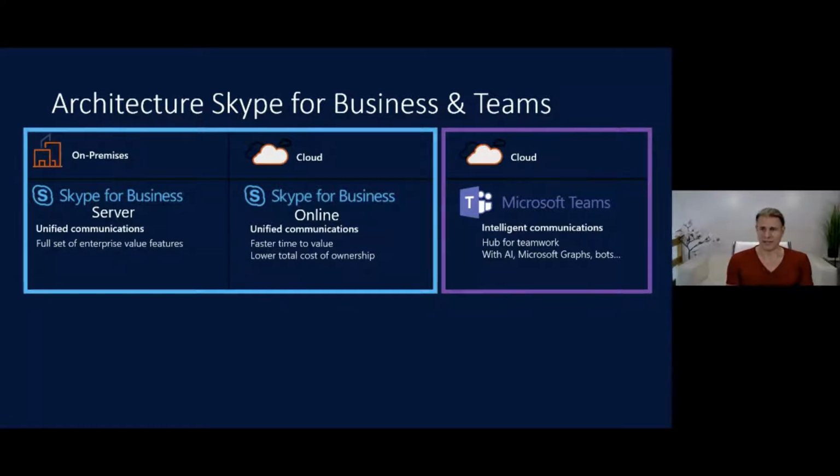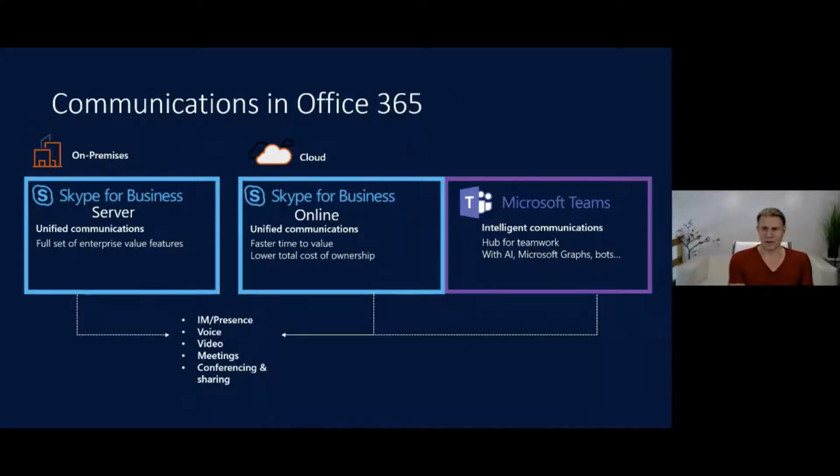On the other hand, you have Skype for Business, and of course there is on-premises and the cloud, and we have a hybrid environment where Skype for Business On-Prem talks to Skype for Business Online. Looking at this from another perspective, the on-prem component is Skype for Business Server. We don't have any Teams components on-prem.